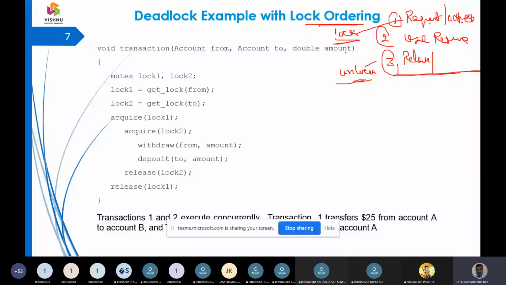Now you can see there are transactions, and these transactions are concurrent, in the sense that they are done in parallel. One person sitting at one location uses a Flipkart or an Amazon site to buy a product.